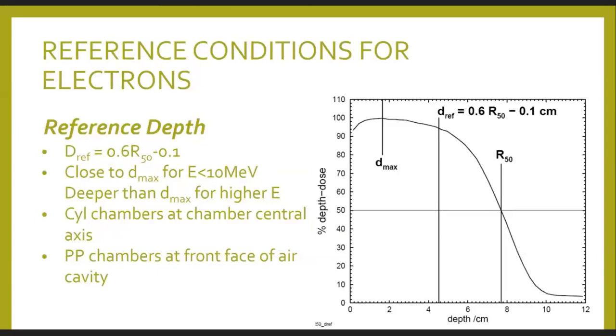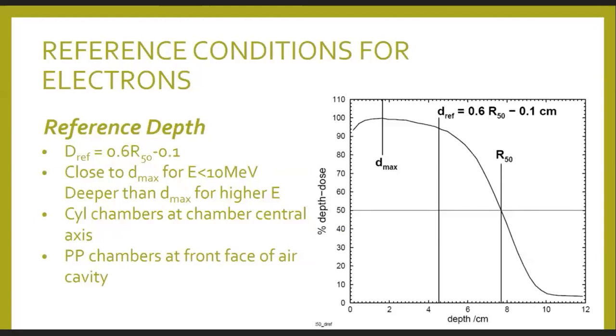There is a reason why they selected that reference depth, since the stopping power ratios for electrons vary with depth. It's reducing with depth. They found that the stopping power ratio at that point for various linacs is almost constant or can be fit in one curve.